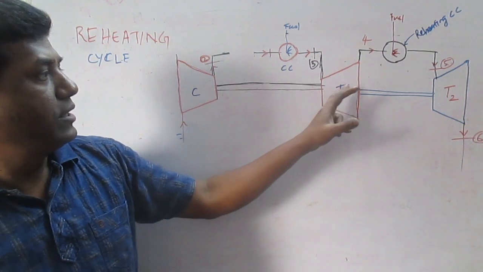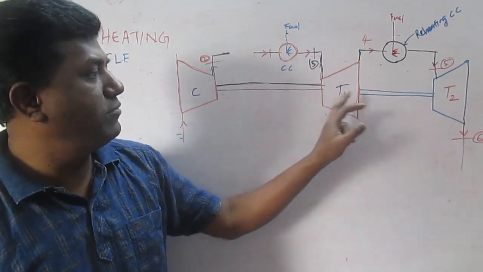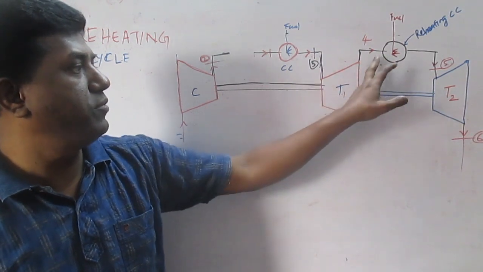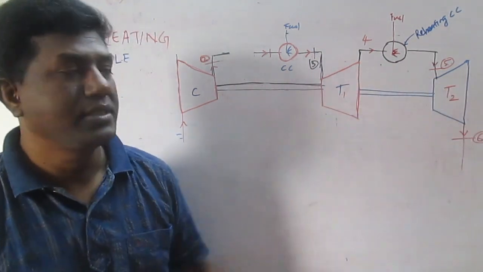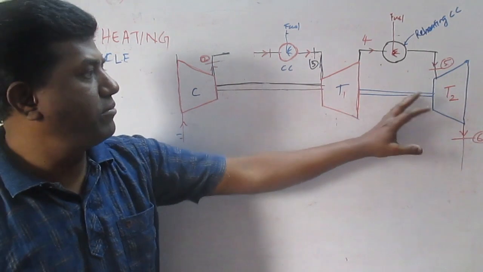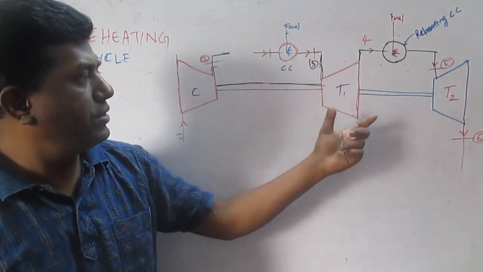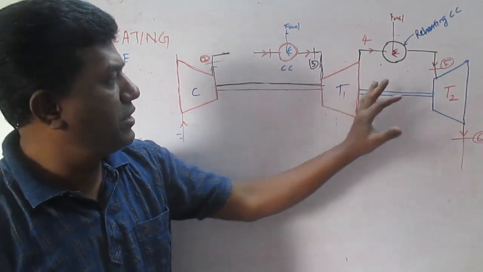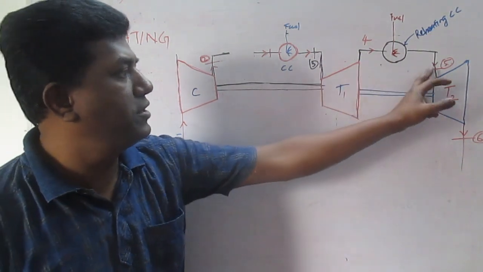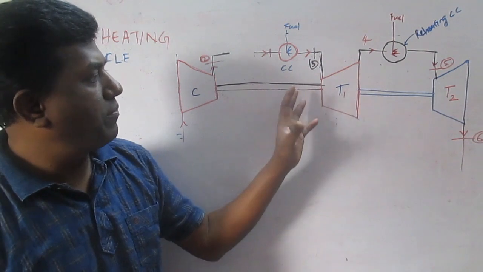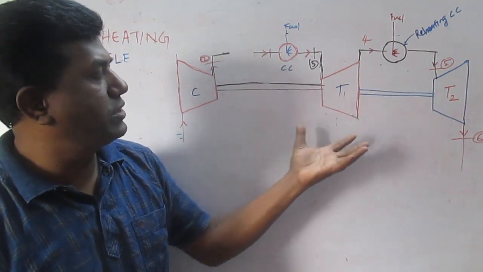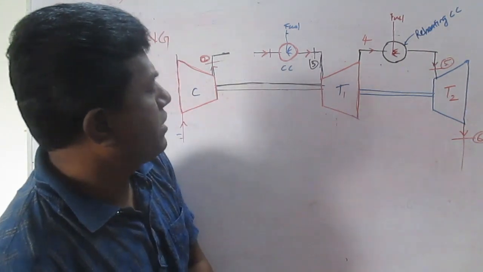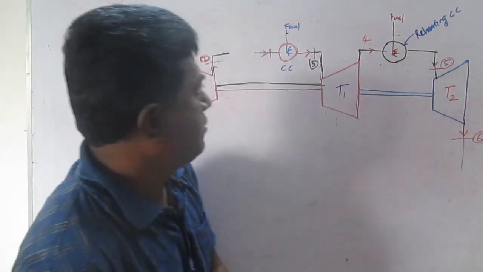Our turbines T1 and T2 are operating between T3 and T4, and T5 and T6. So this combination will be higher. That means operating between these temperatures will be higher than this temperature, which we can call T4 dash.